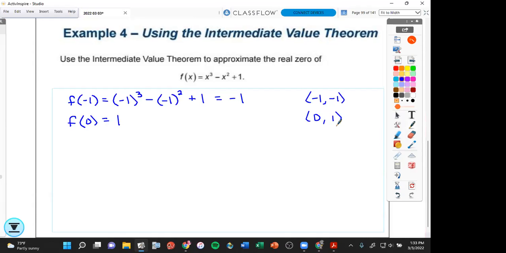Can you tell me where there might be a 0 to this function, based on that information? Do we know anything? Is there a 0 between x values of -1 and 0?